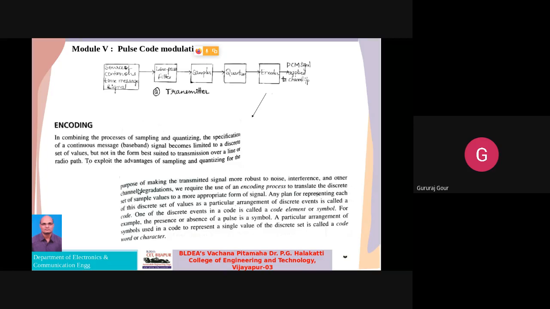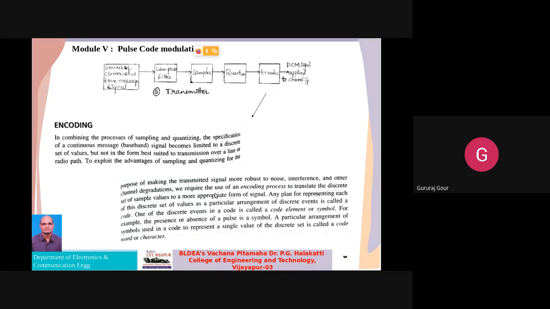Why? Because, to make the transmitted signal more robust to noise, interference and other channel degradations, we need the encoding process. So what will this encoding process do? It will translate the discrete set of sample values to a more appropriate form of signal.